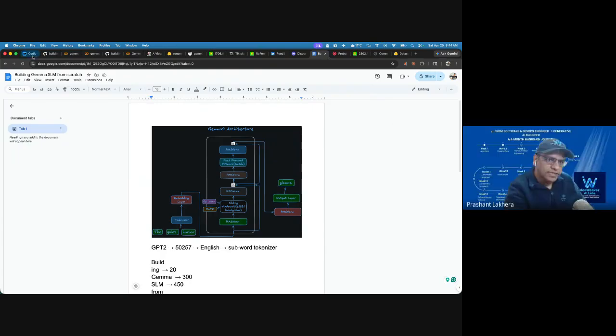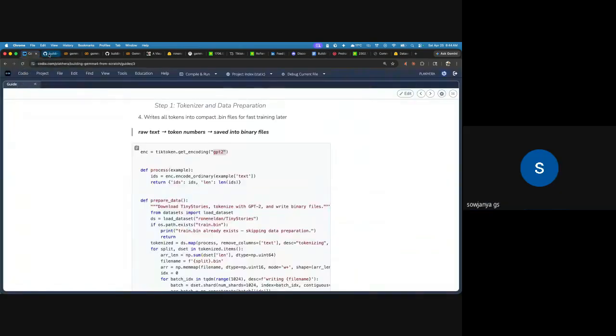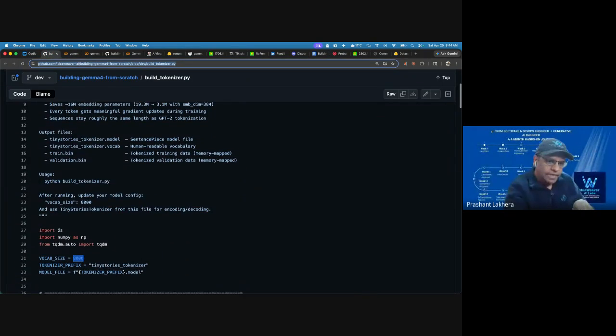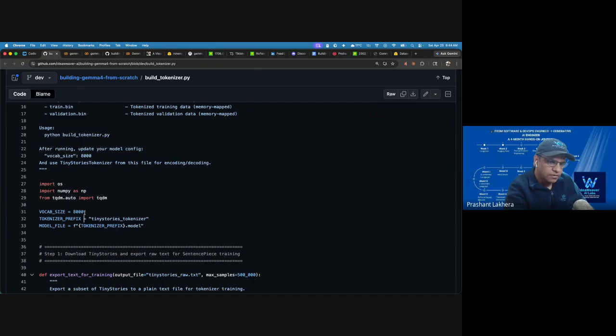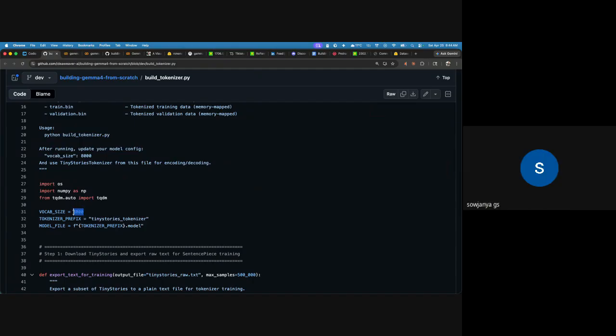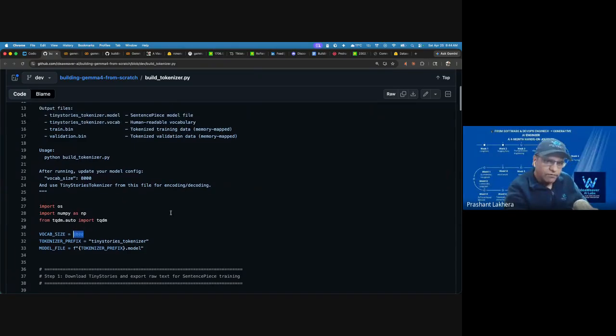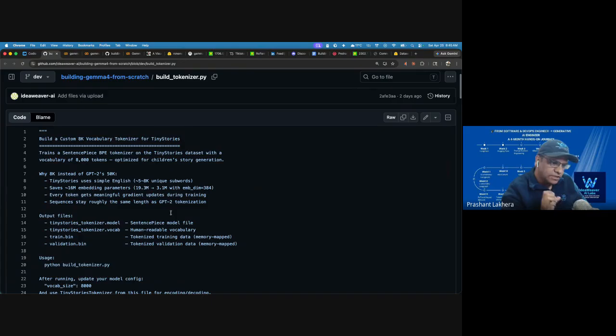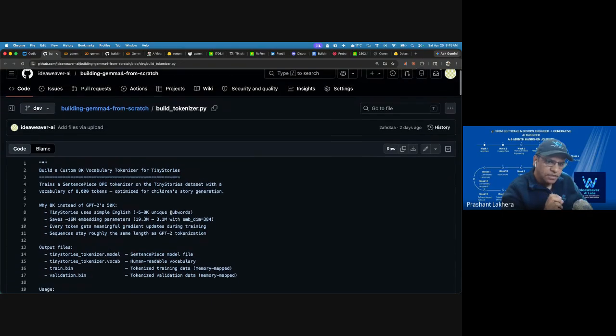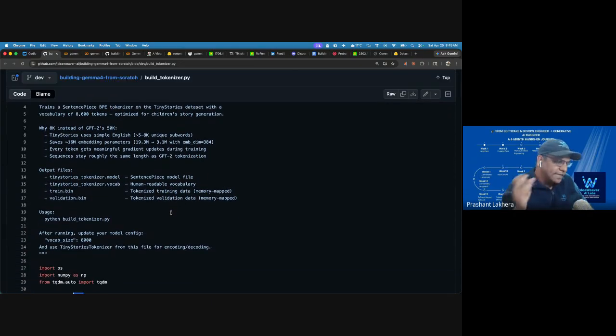No, this tokenizer is just going to build quickly. If you look at this code itself, I'm building it only for 8,000 vocab. Only 8,000. I took those stories, and I have not even taken all the stories because I want this to be as simple as possible. I took the first 500 stories and ran it on top of them.